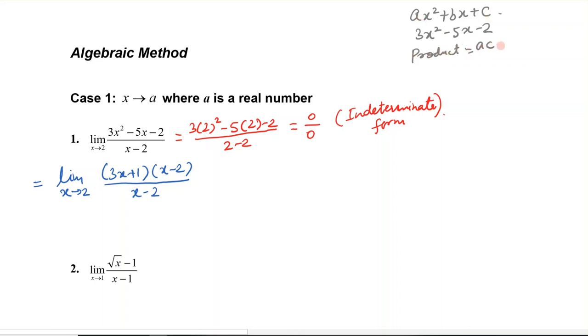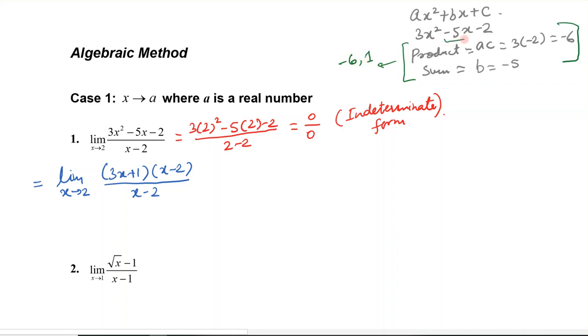Here the product should be 3 times minus 2, which is minus 6. And the sum should be equal to the middle term, b, so the sum should be negative 5. The two numbers whose product is minus 6 and sum is negative 5 are negative 6 and 1.